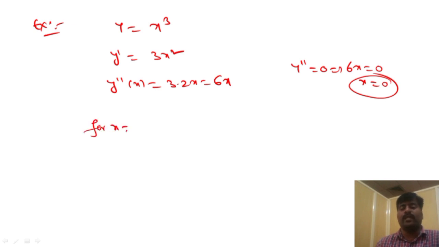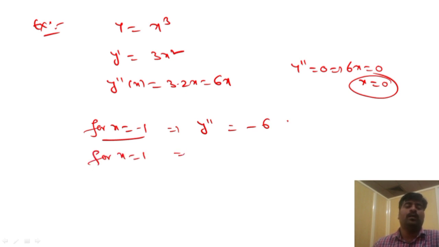For x equal to minus 1, y double dash is minus 6, and for x equal to plus 1, y double dash is plus 6.